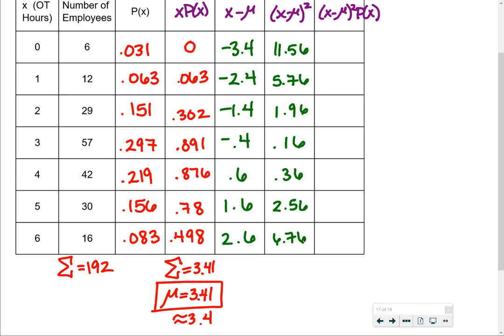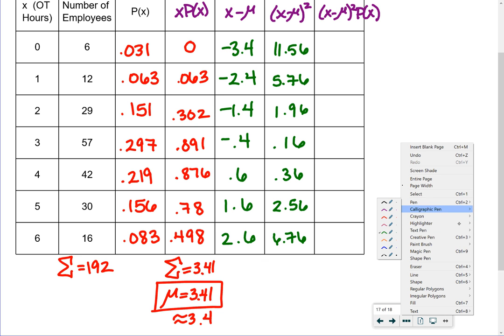And then finally, we're going to take each of those deviations squared and multiply them by the probability in that row. So 11.56 is going to get multiplied by 0.031, and so on and so forth.